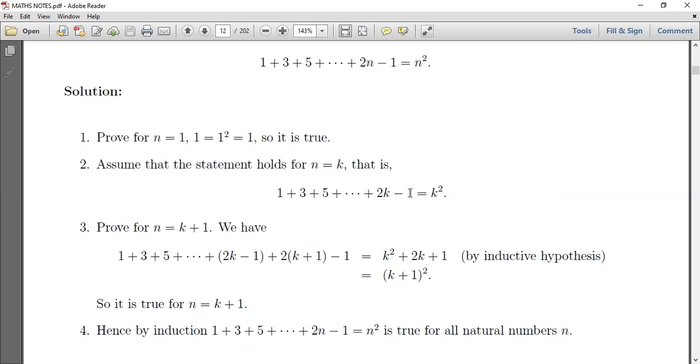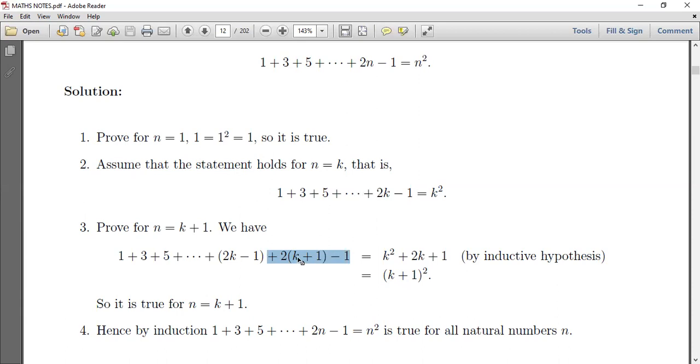So what is the next odd number when n is equal to k plus 1? The previous one that I've added is 2k minus 1, which is this one. Then the next one becomes 2(k plus 1) minus 1. So this is the term which I am adding, from my assumption above.